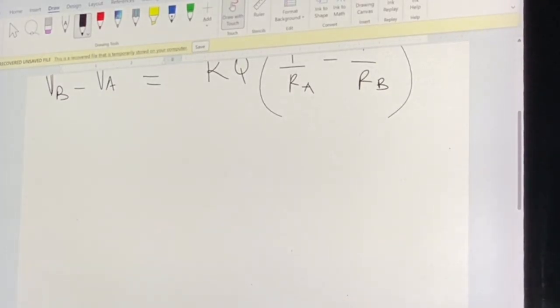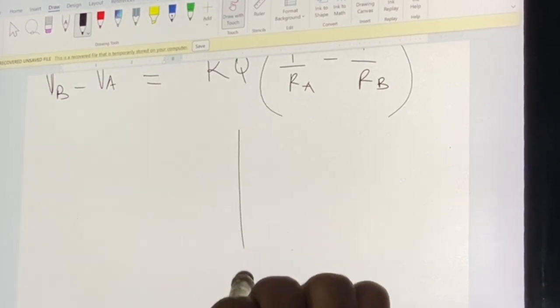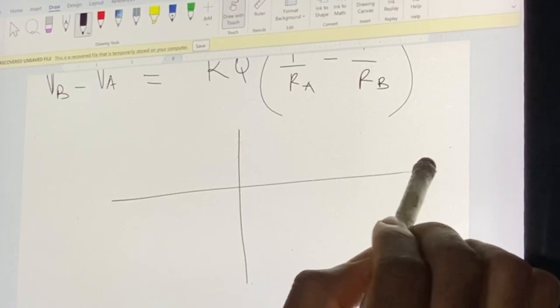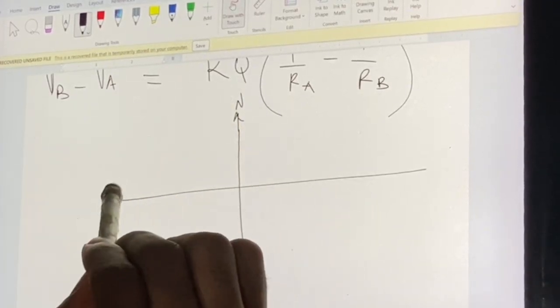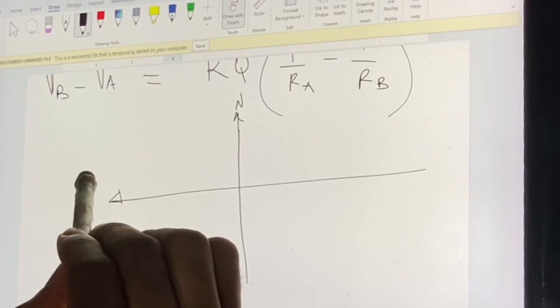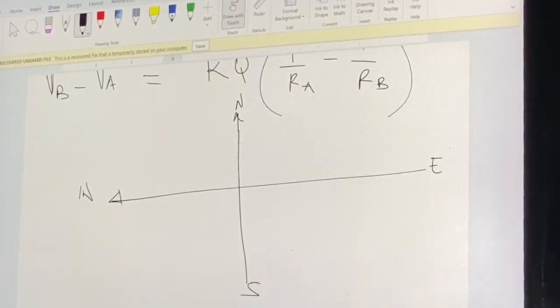Let's understand the equation perfectly before we input the values. So we have a sketch like this. We have north, we have west. Of course, let's complete this part here. We have east and we have south.